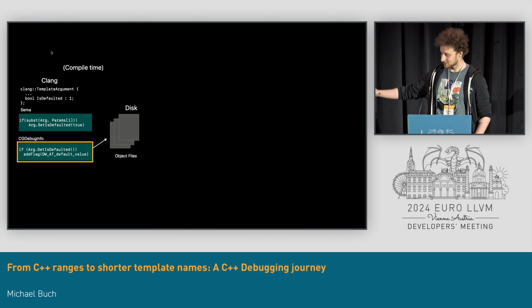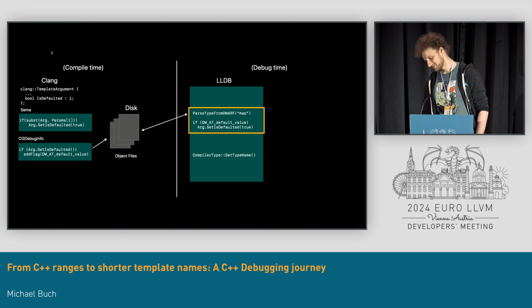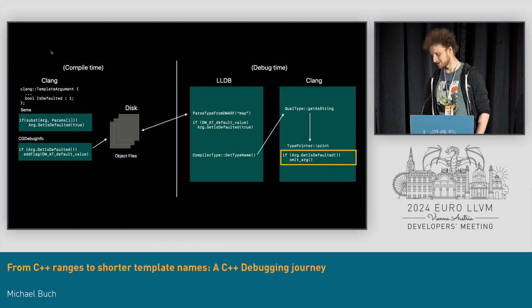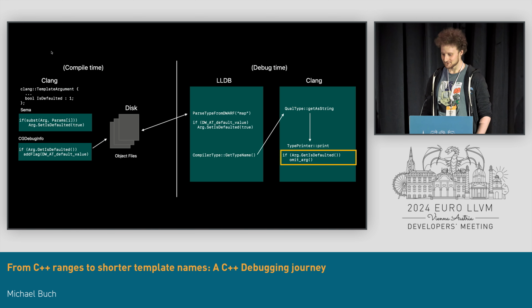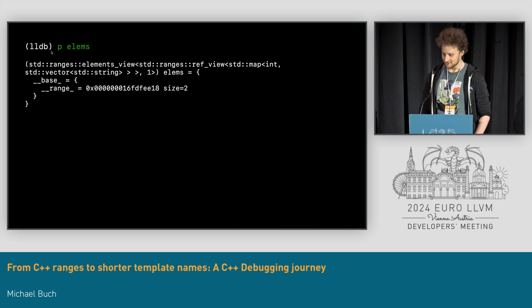Then the debug info component, when generating DWARF, can just emit this attribute whenever that bit is set. And then in LLDB, when we create the decl, we just read out the DWARF, set the bit, pass it to Clang, read the bit, and omit the template argument. So that's a lot of plumbing, but eventually it works out. And then we go from here to here, which gets rid of all the type name noise.